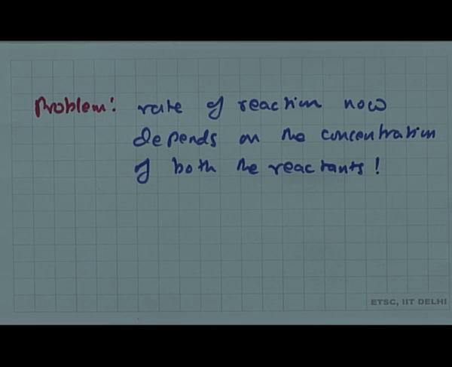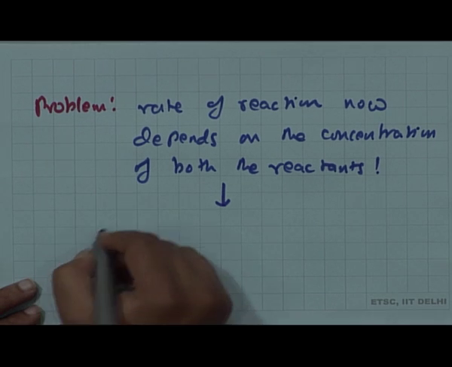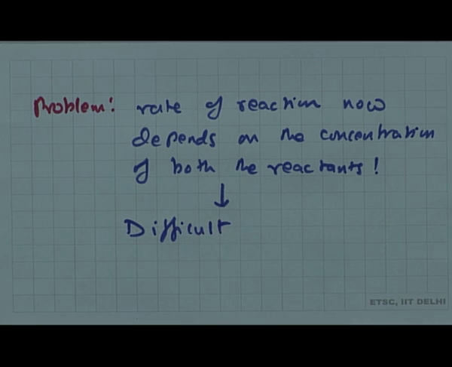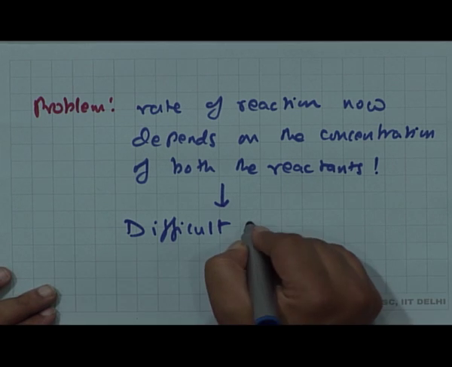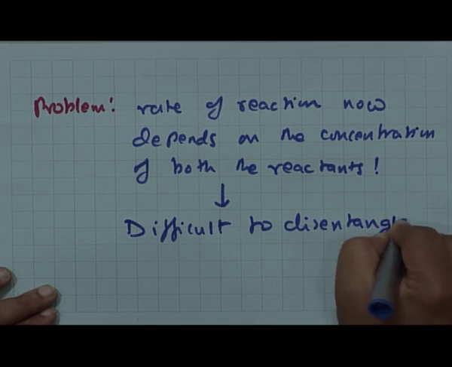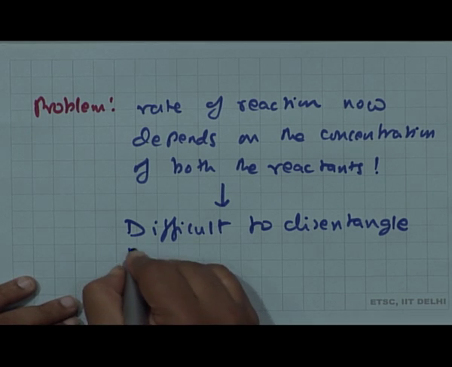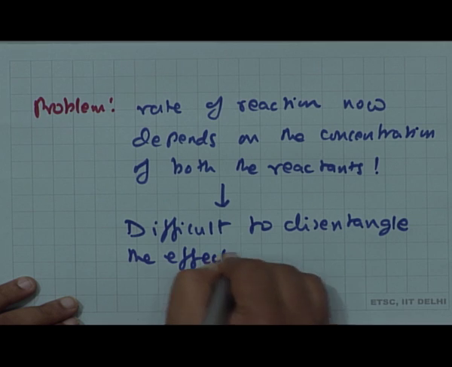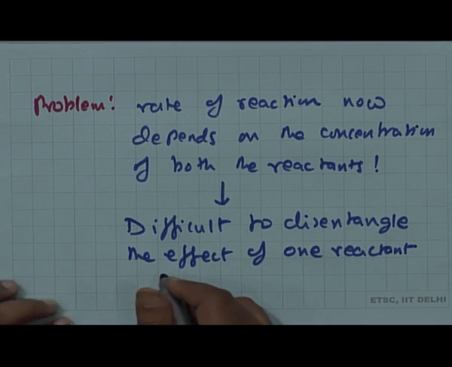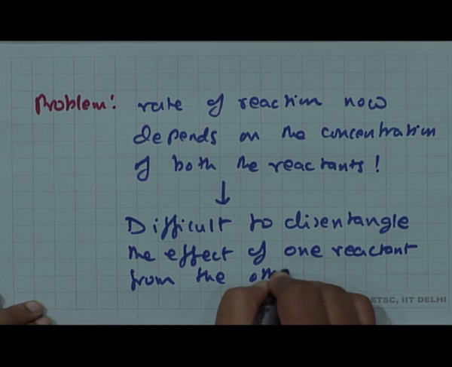Hence, what we face is that it is difficult to separate out the contributions. That means it is difficult to disentangle, to separate out the effect of one reactant from the other.